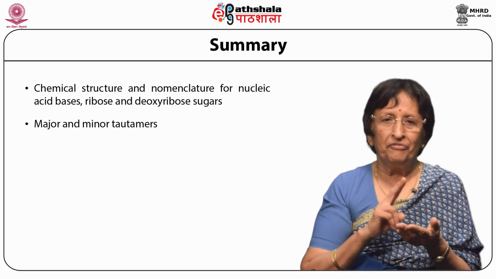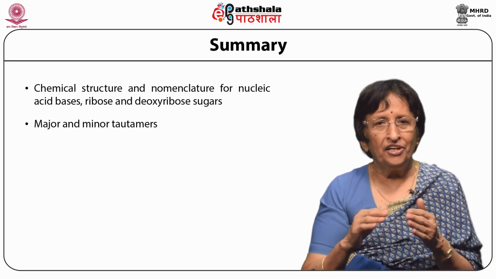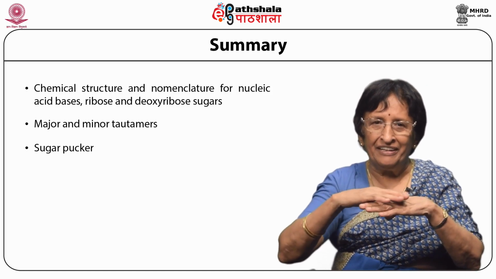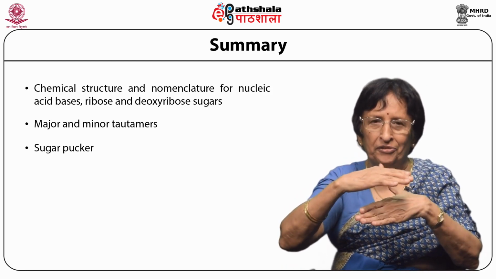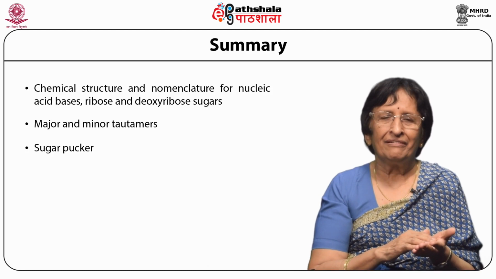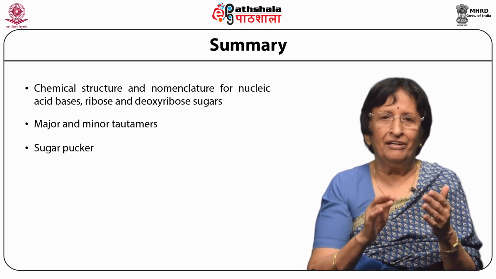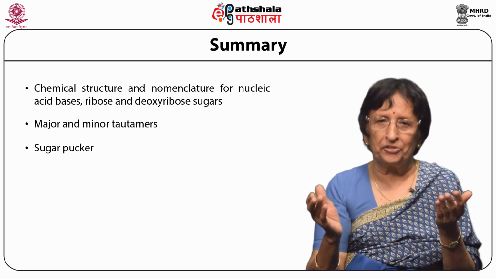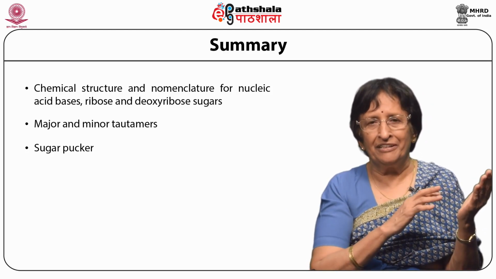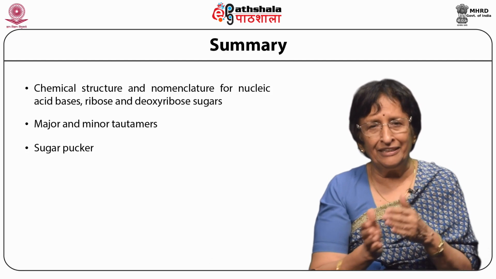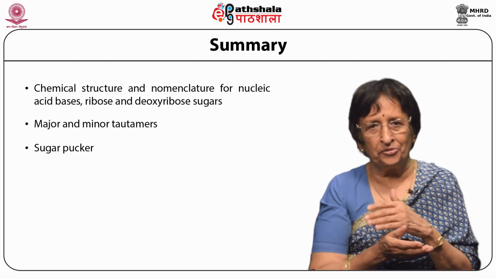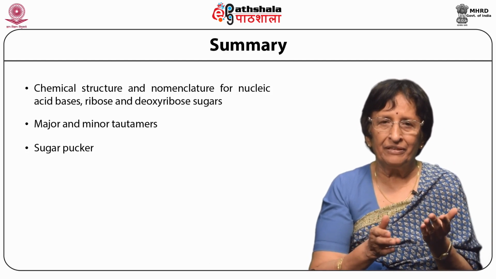Third, we saw what is sugar pucker. It's a puckered ring. It's not a planar ring. Something goes up or it goes down. And we saw the nomenclature for the sugar pucker, that is whether it is a C2'-endo, C3'-endo, C2'-exo or C3'-exo sugar pucker.